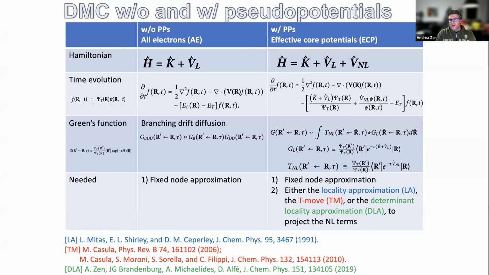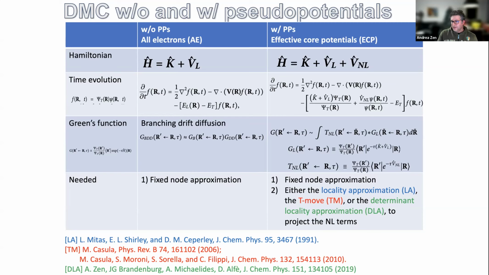But when there are effective core potentials, there are also non-local potential terms in the Hamiltonian, and they introduce an additional difficulty, because in the time evolution there is one term that cannot be easily obtained. Even if we formulate it in terms of the Green's function, we essentially have the Green's function for the kinetic plus local potential part and the Green's function for the non-local part.